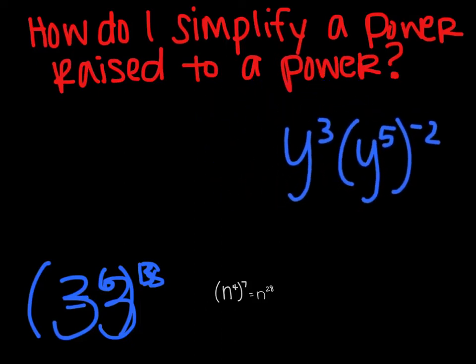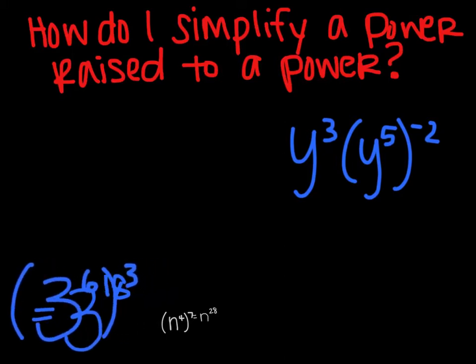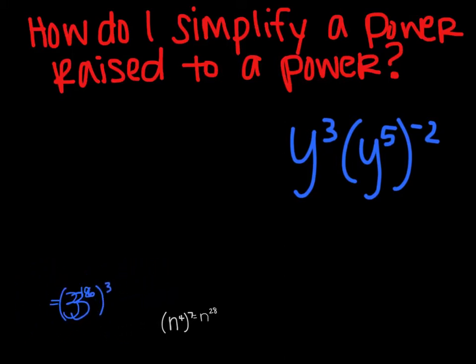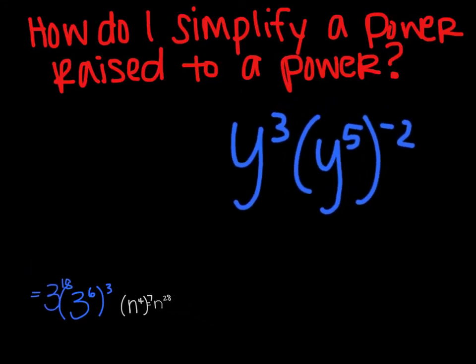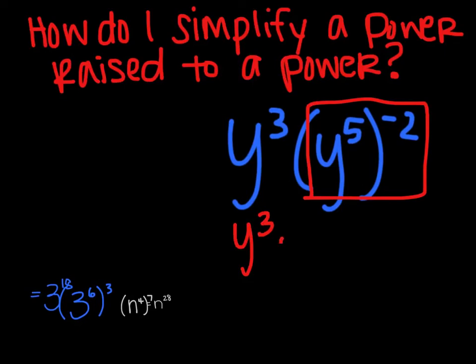Lastly, simplifying a power. It looks a little bit trickier, but nothing you can't handle. You just got to take it piece by piece, and you'll be okay. The first piece that you're going to do is the raising of the power to a power, so you'll want to do that first. So y to the 3rd power times, and then we have y to the 5th raised to the negative 2nd.